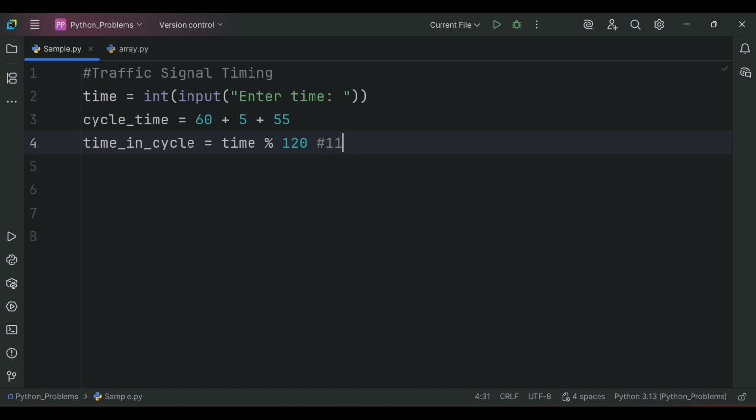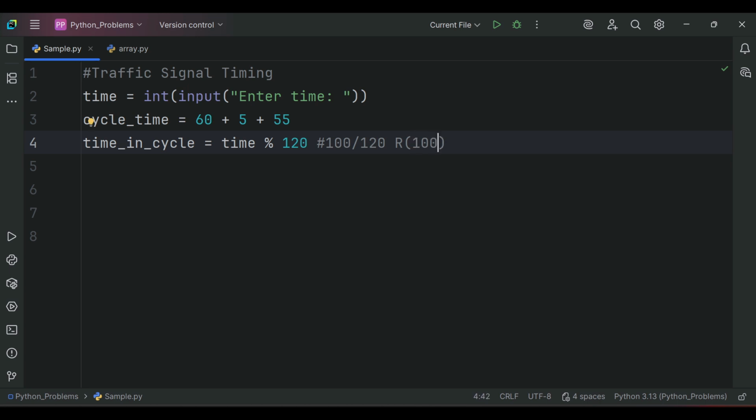Here, 100 divided by 120, what is the remainder? 120 is the divisor, 100 is the dividend. Sorry, at that time the remainder is 100 only.